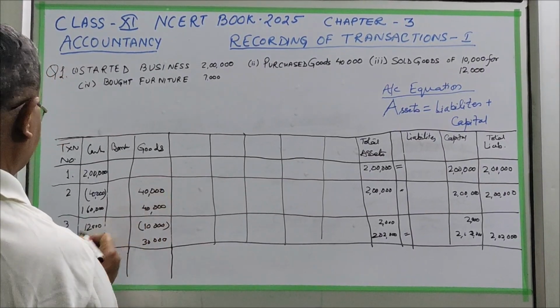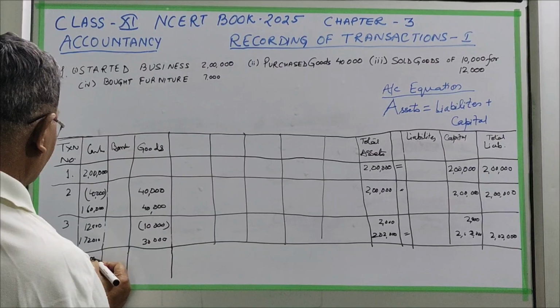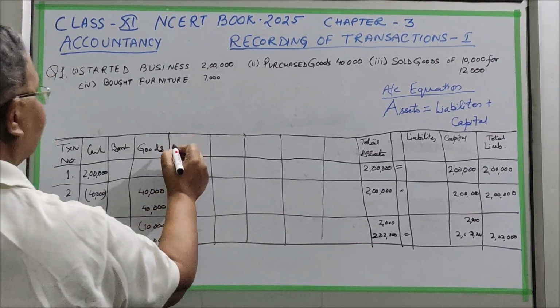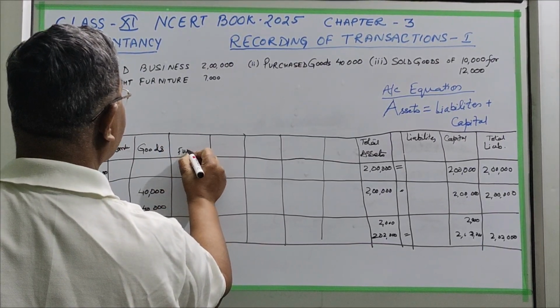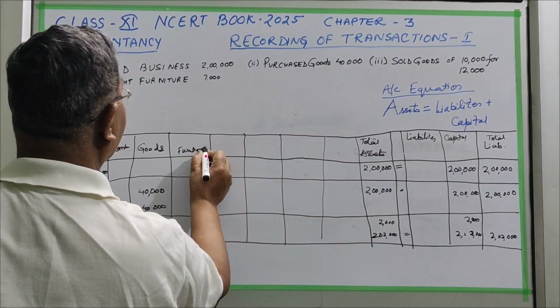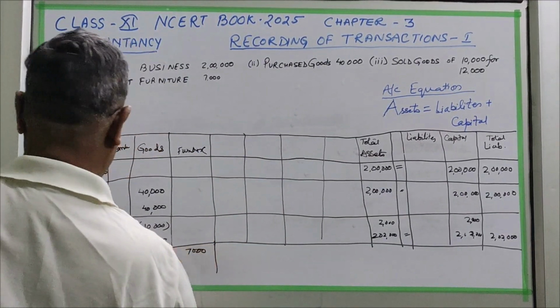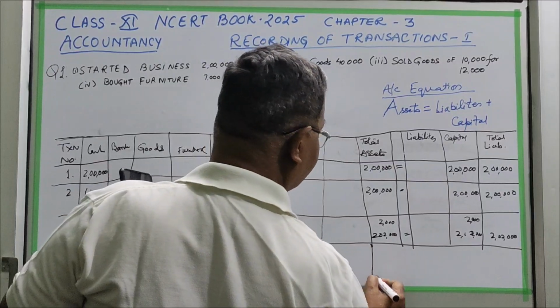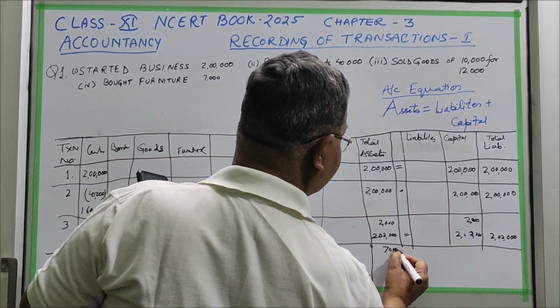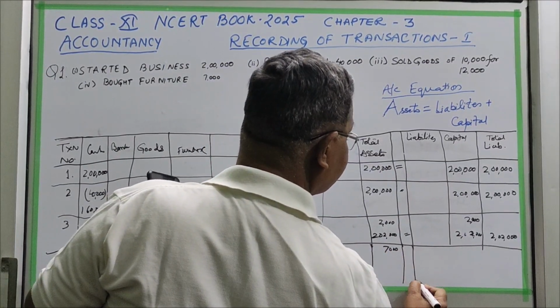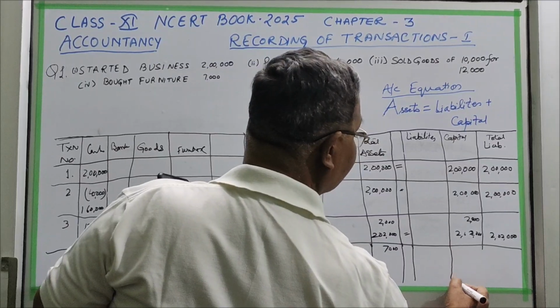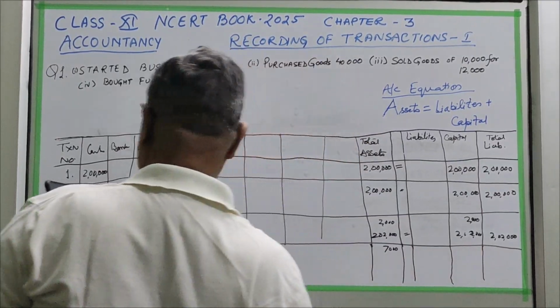So furniture you have purchased, your 7,000 will go out. Here we will add one more column, furniture, and 7,000 rupees of assets will come, and the total will increase by 7,000 rupees. Here no change is there, so nothing we will change.